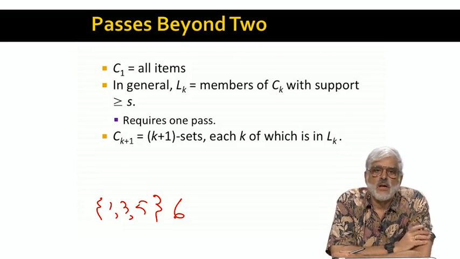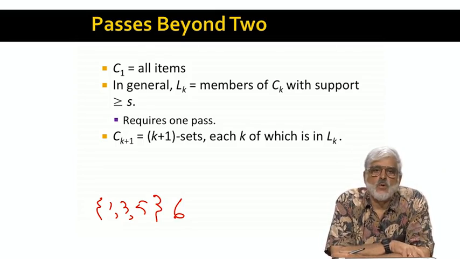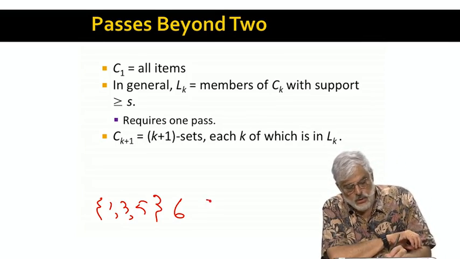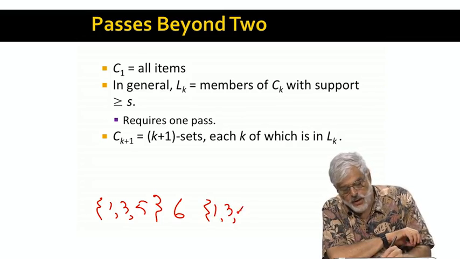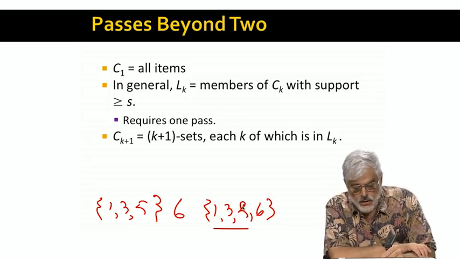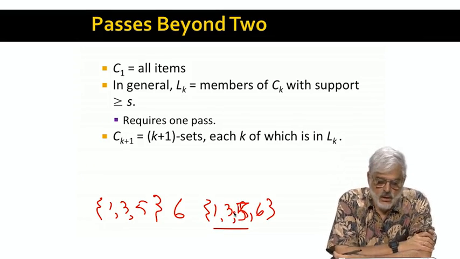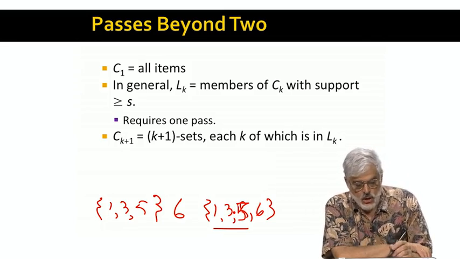This set might be in C4. We're talking about really 1, 3, 5, 6. Now we already know that its subset 1, 3, 5 is in L3. So we have to test 3 other sets.